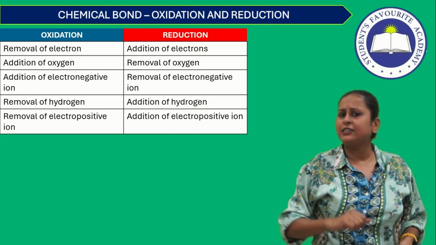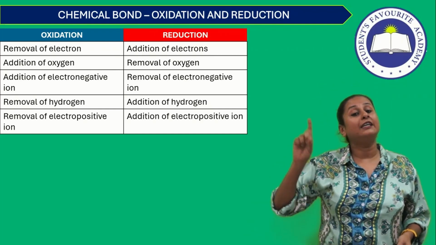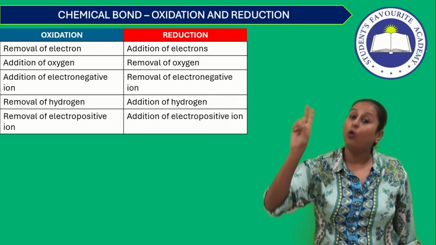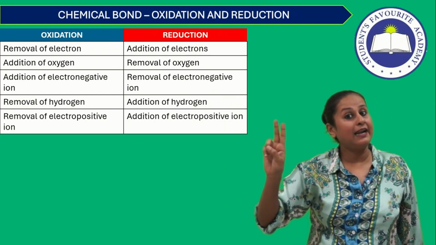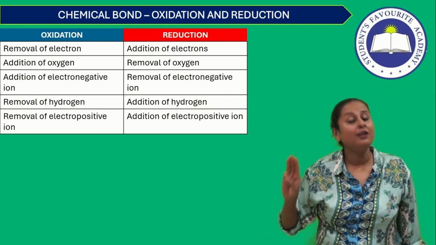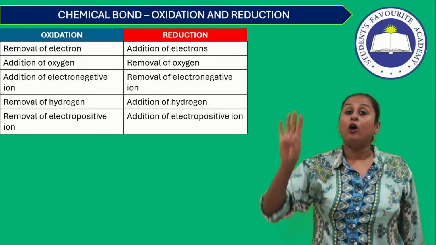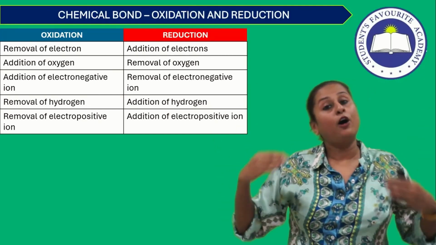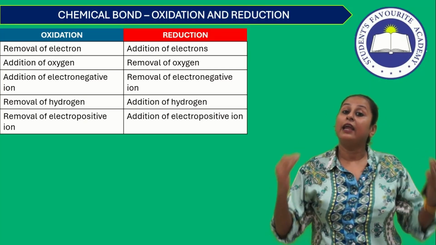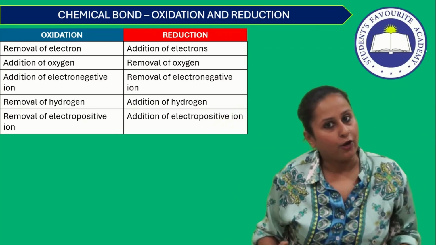So what is oxidation? OIL: oxidation is losing electrons, oxidation is addition of O2 minus ion, that is oxide ion, or addition of any electronegative ion in the absence of oxygen, oxidation is removal of H plus ion, or removal of any electropositive ion.